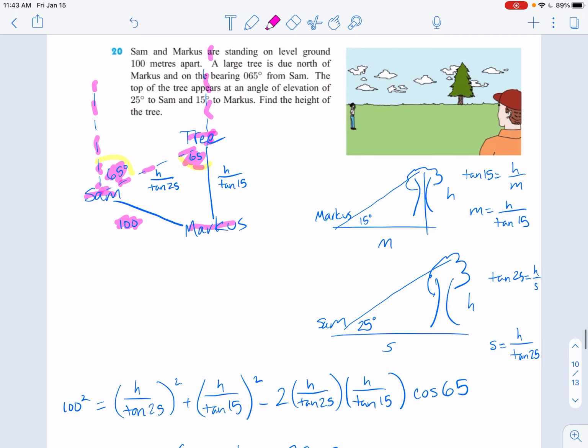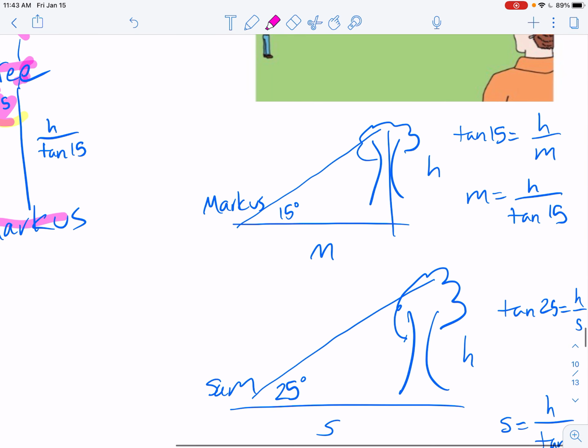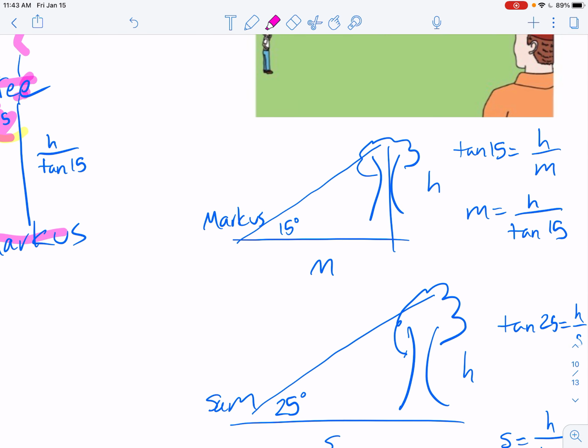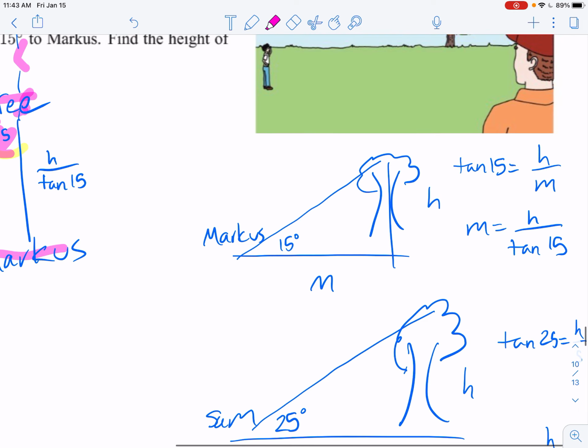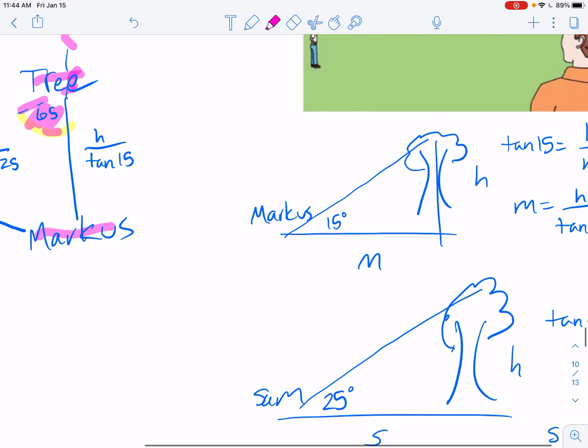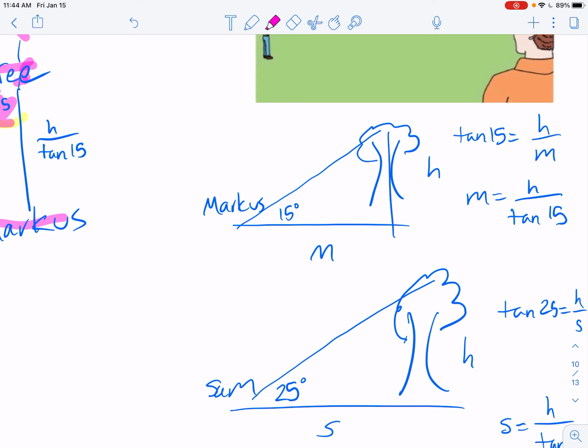So then I came over and said, well, we know that Marcus to the tree, we could call this length M, so it's Marcus's distance to the tree, and the height of the tree is H, and that angle of elevation is 15. So I was able to make an expression for the distance for Marcus. I just used right triangle trig.